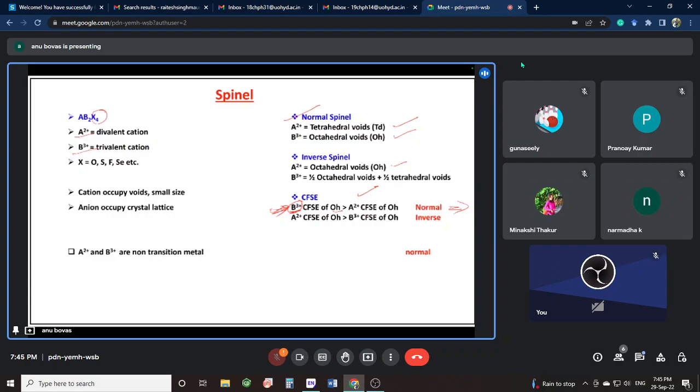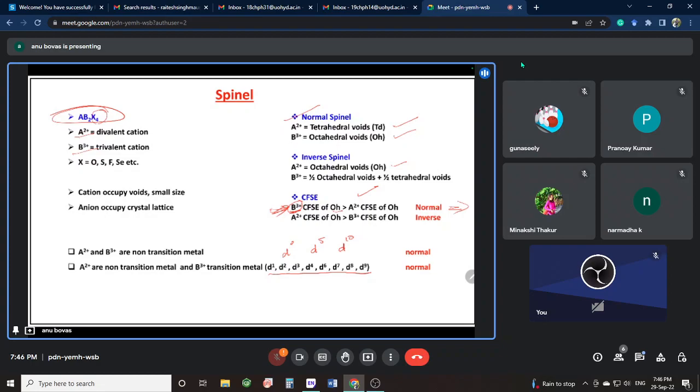In a spinel given as AB2X4, if both A2+ and B3+ are non-transition metals, then the spinel will be a normal spinel. And if A2+ is a non-transition metal and B3+ is a transition metal with any configuration except d0, d5 and d10, it will be a normal spinel.